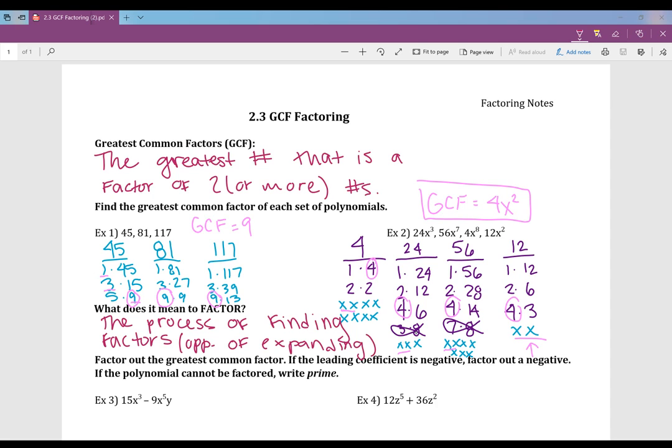So if you had something like 3 times x plus 4, you would expand that by multiplying it out and getting 3x plus 12. Well, factoring is going the opposite way. So it's starting with 3x plus 12 and going to 3 times x plus 4, finding two things that multiply to our expression.